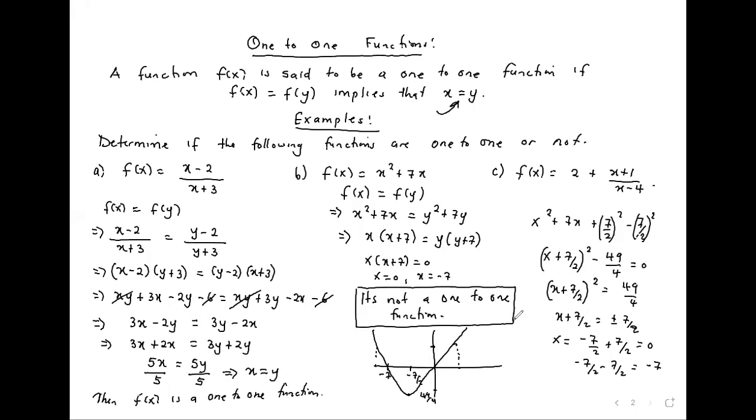Here, like the way you did, where we say x, then open bracket, x plus 7 is equal to y, then y plus 7. When you simplify it, it would be x is equal to y. Then again, you get x squared minus y squared.